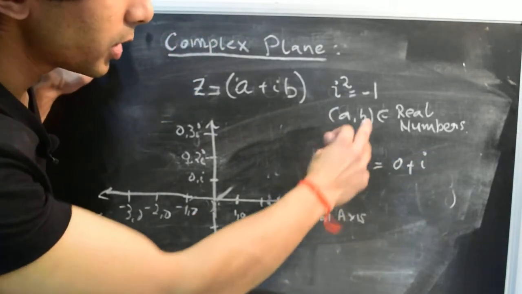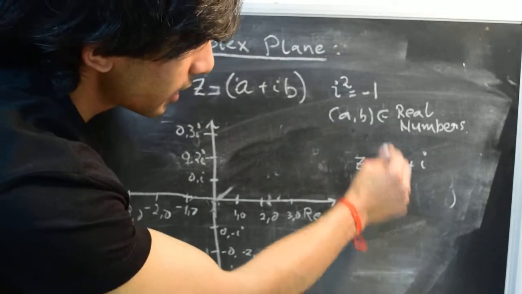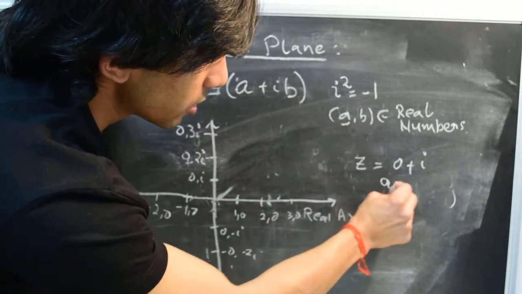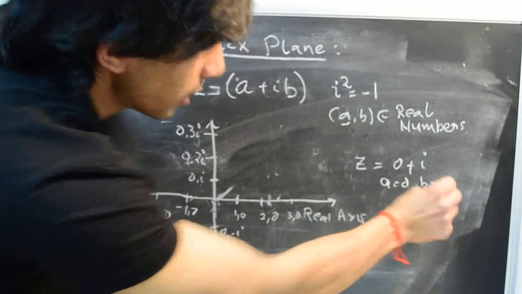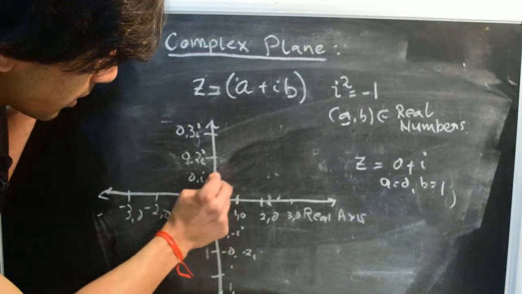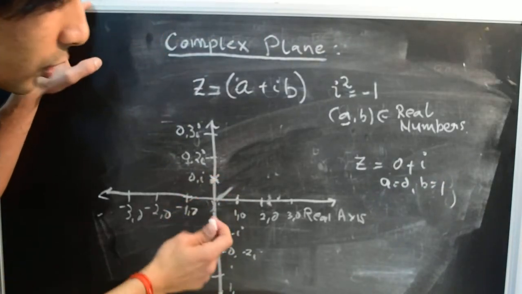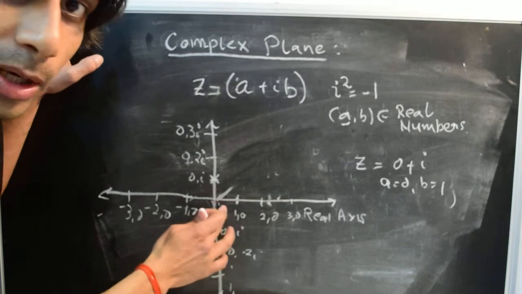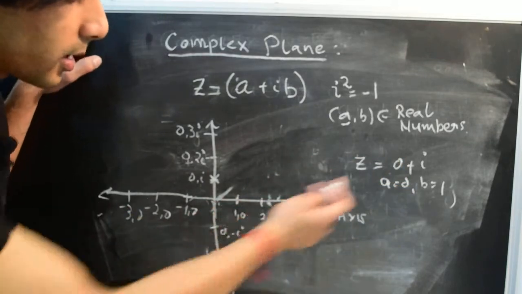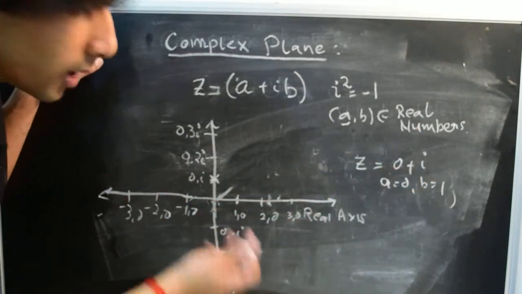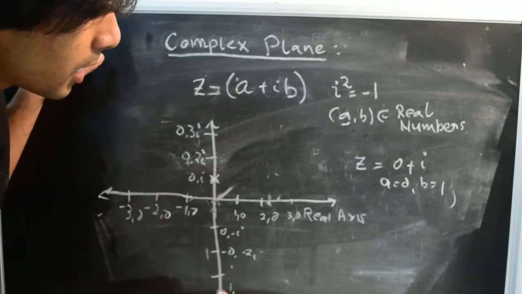If you think of this in terms of the two real numbers, then a is 0 and b is 1, and so we arrive here. The real part of this complex number is 0, and it has 1 unit along the imaginary part, and so we arrive at this point z.